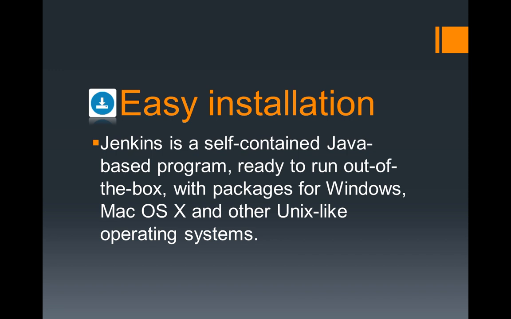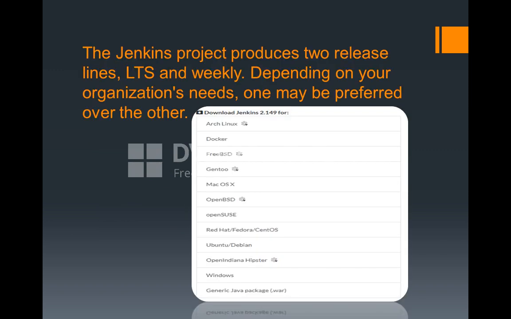It's very easy to install. It is a self-contained Java based program, ready to run out of the box. Packages for Windows, Mac OS X and other Unix-like operating systems are available. The project produces two releases, LTS and weekly.